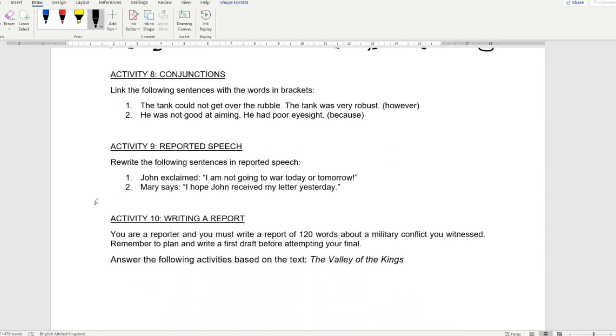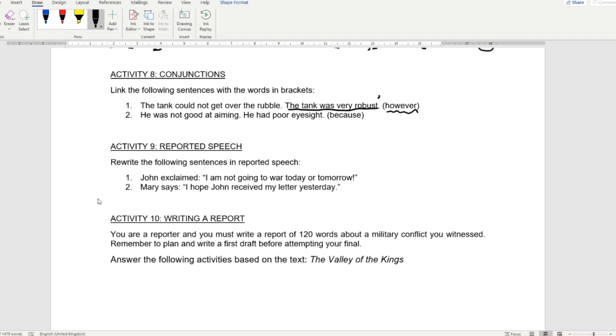Now activity 8, conjunctions. Link the following sentences with the words in brackets. So the first exercise, the tank could not get over the rubble. The tank was very robust, however. So here I would start with the second sentence. Now after that I will add a comma and then use the word in brackets.